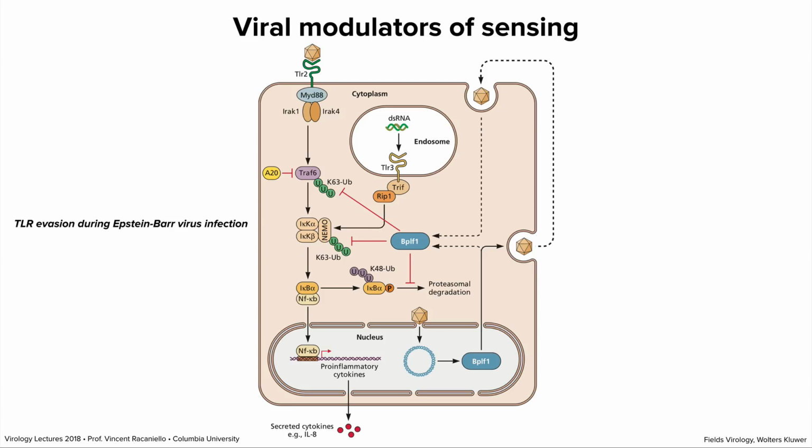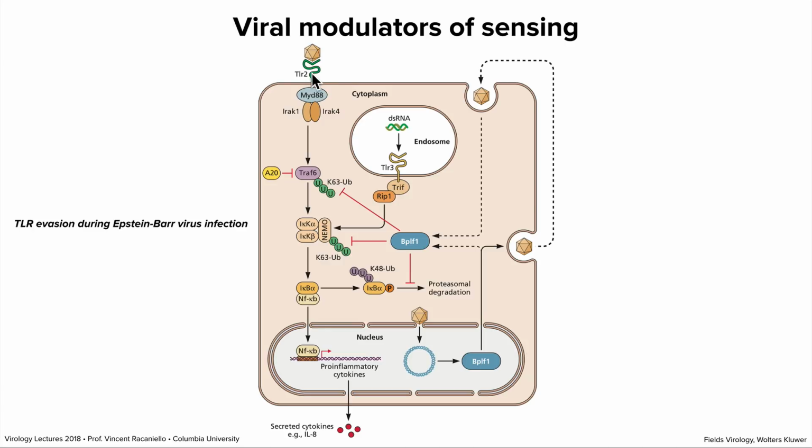Of course, viruses encode modulators of sensing. Here's one example of how Epstein-Barr virus, a herpes virus, produces proteins that interfere with sensing by toll-like receptors. TLR2 can recognize viral proteins on the cell surface.